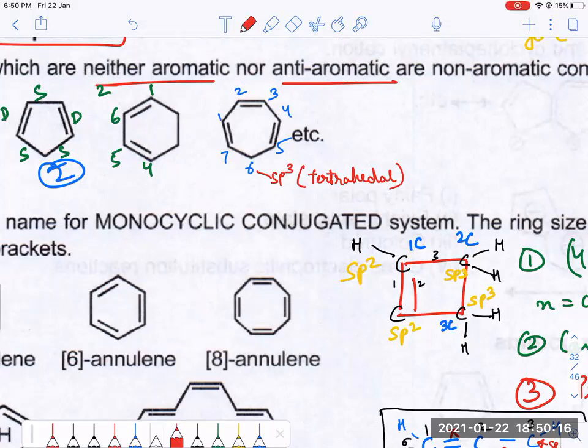Please speak up. Sir, the others are sp2. Okay, let's take Nikhil and Charan's answer as well. Others will be sp2. Yes, they are sp2.